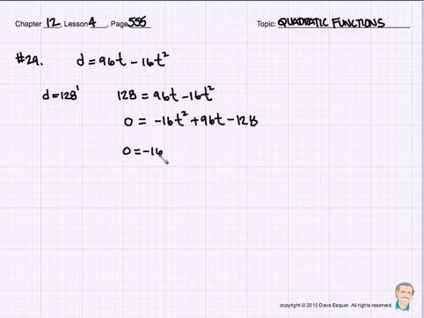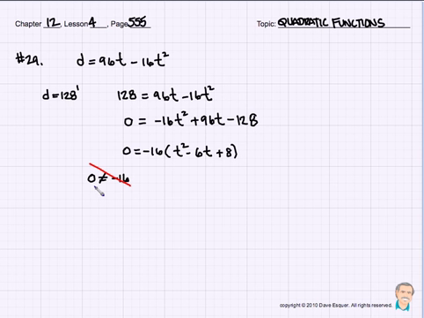As I'm taking a look at this, it dawns on me that I could factor out a negative 16, leaving me with t squared minus 6t plus 8. Well, I know the zero product property tells me that 0 is not equal to negative 16, so this answer I have to discount.